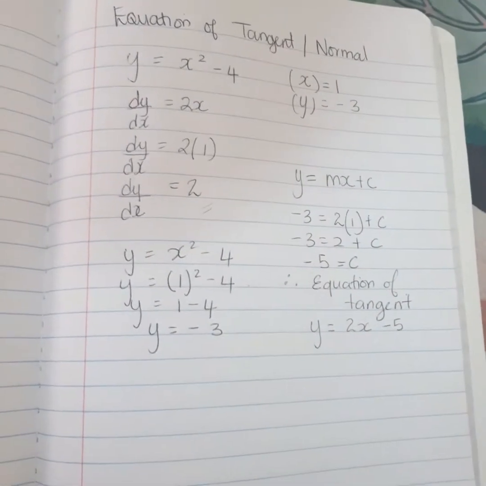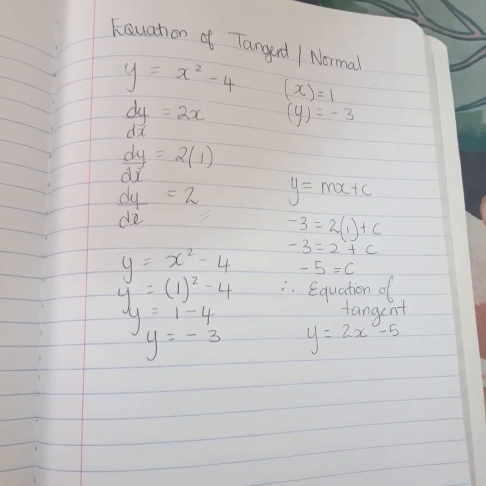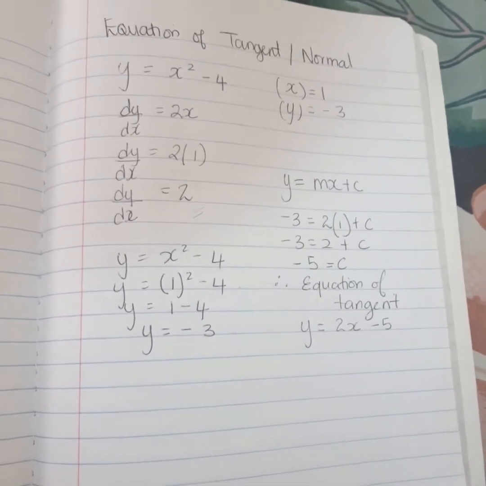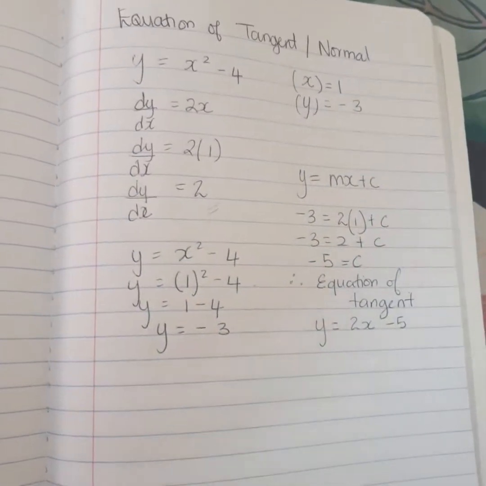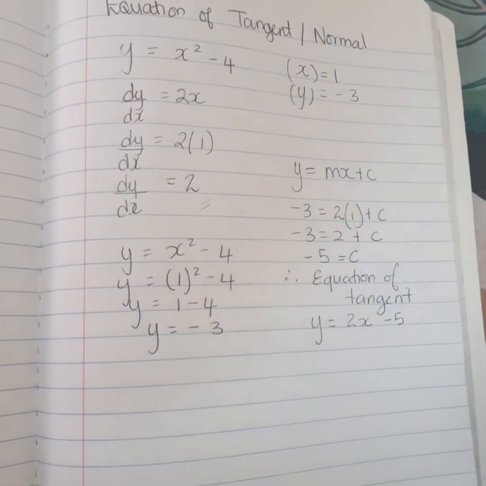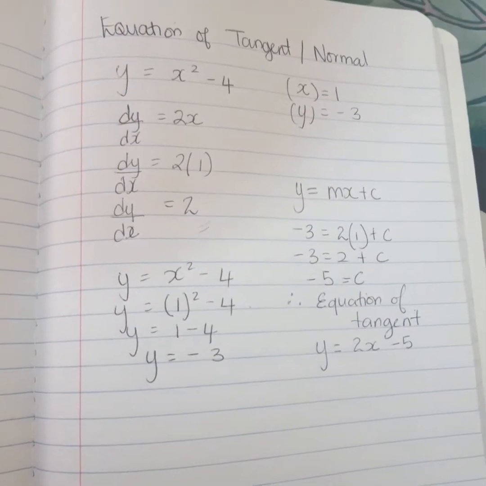Now we know that the normal is perpendicular to the tangent. Therefore, going back to our rules, we know that for the gradients of a line perpendicular to another, their product is equal to minus 1.